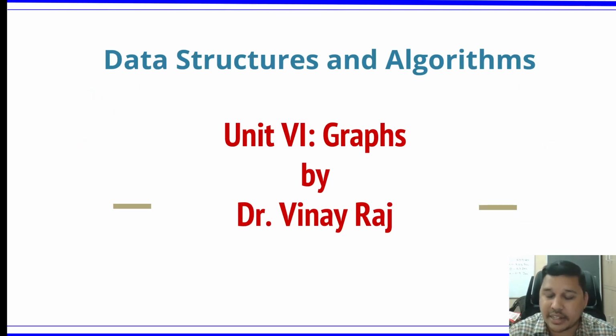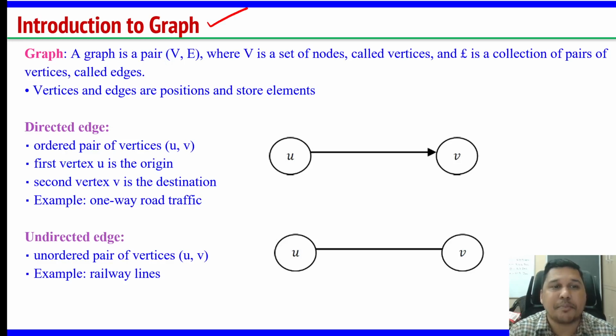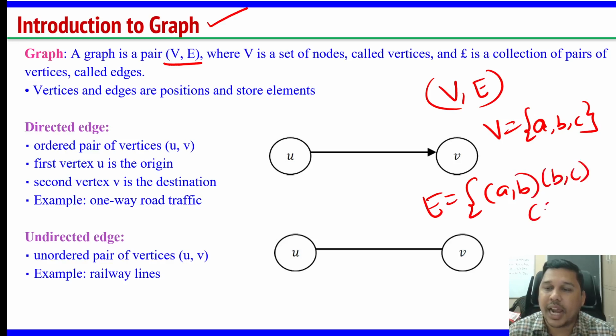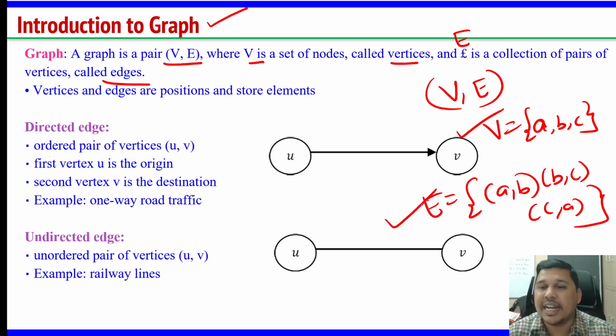So, we are saying that a graph is a pair of vertices comma edges, where V contains the vertices A, B and C and E contains the edges like this: A comma B, B comma C and C comma A. So, a graph is a pair V comma E, where V is a set of vertices and E is a collection of pairs of vertices called edges. Vertices are given, edges are given.